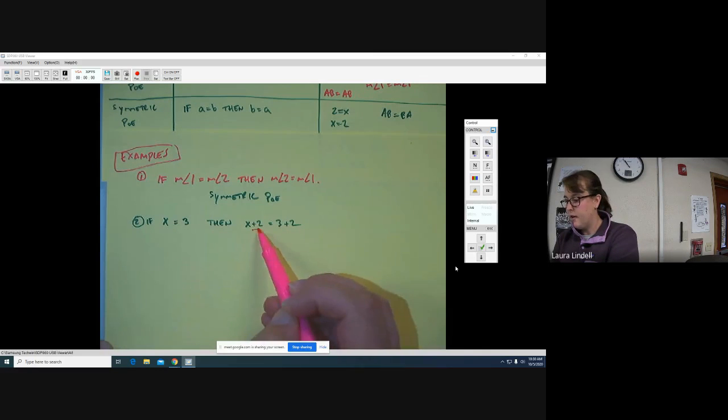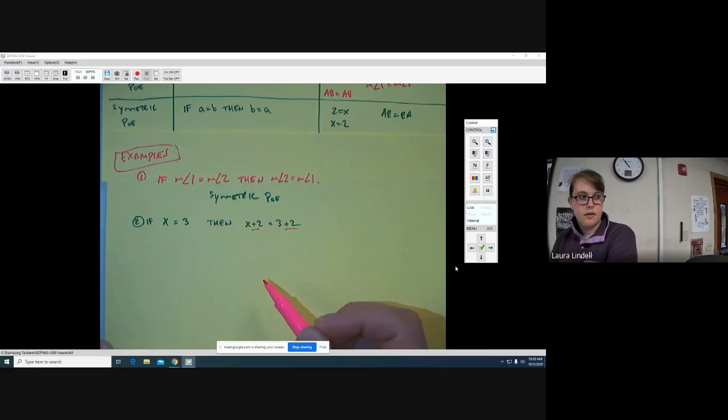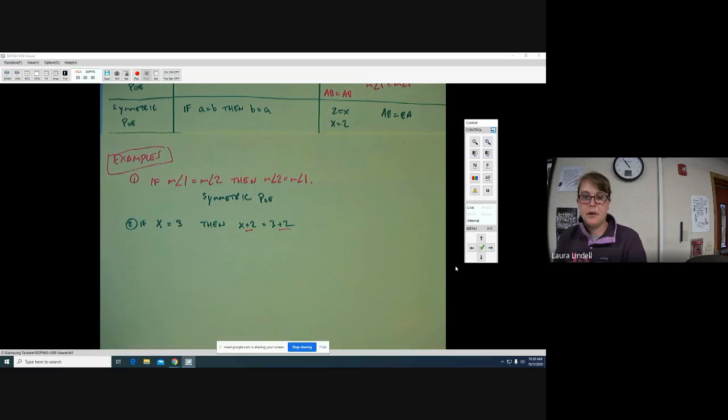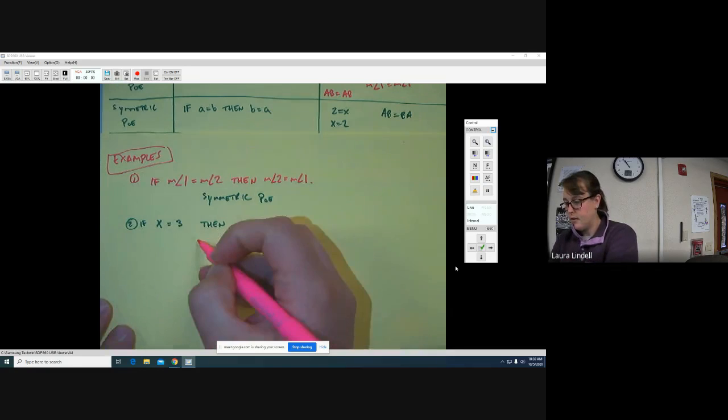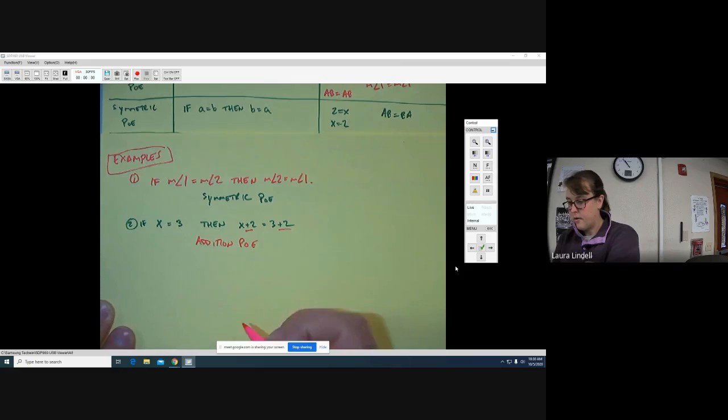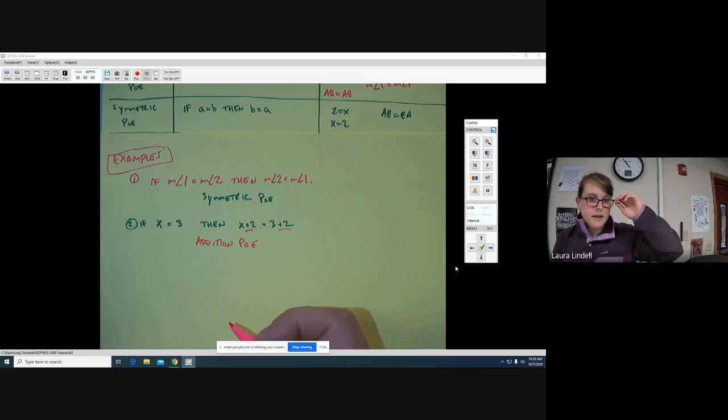Well, we just stuck a plus 2 on there. So what would our property be if we are adding something to both sides? Yep, addition property. So we might be asked to identify the property like that.